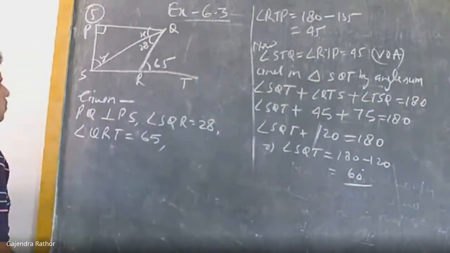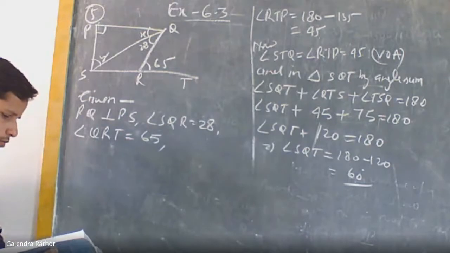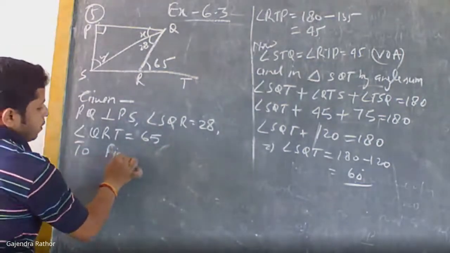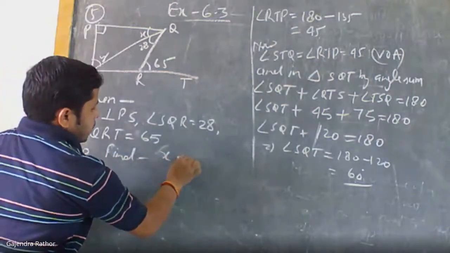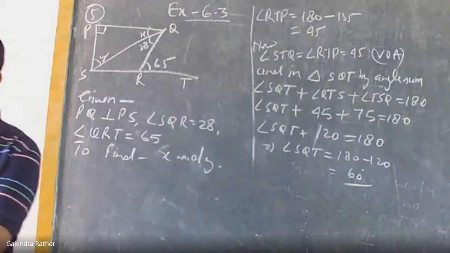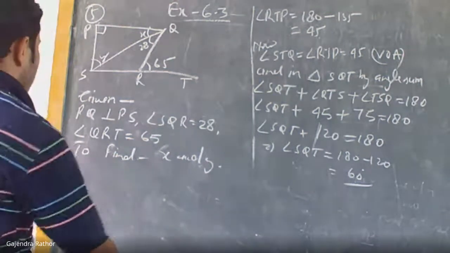Only two angles are given. We have to find the values of the unknowns X and Y, two unknown values, by using the properties of triangles and lines.